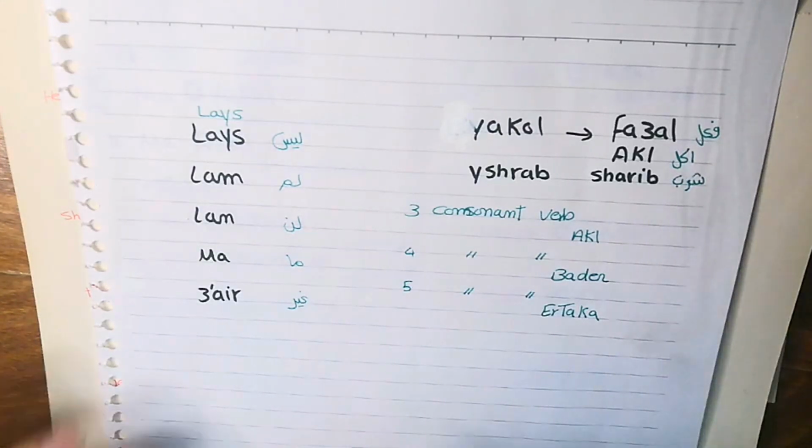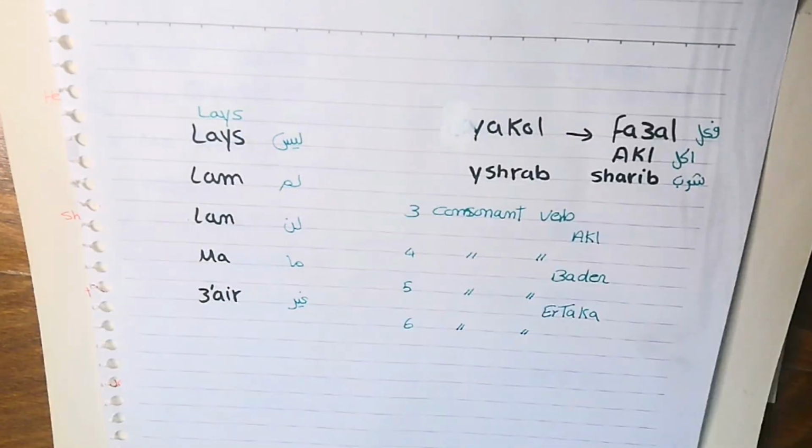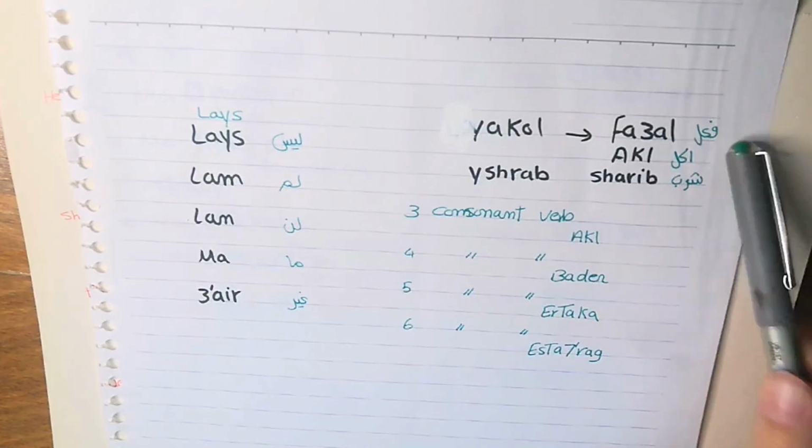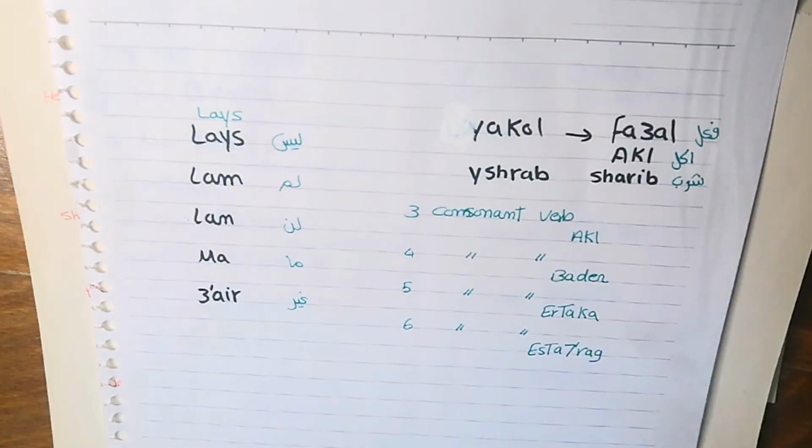We have the 6 consonant verbs like استخرج, which means to extract. When it's a 3 consonant verb, you can easily find the root of it and rhyme it with the verb فعل. But what if it's a 4 or 5 or 6 consonants? It becomes complicated, and especially when you want to add the pronoun conjugation to the verb.